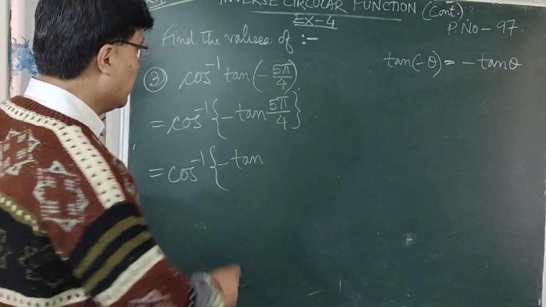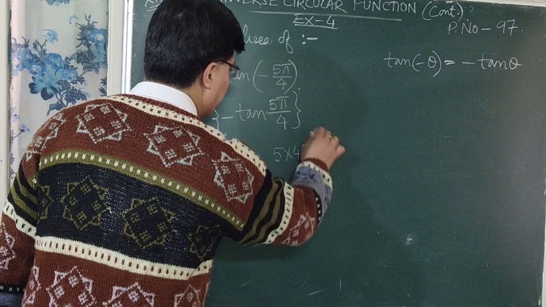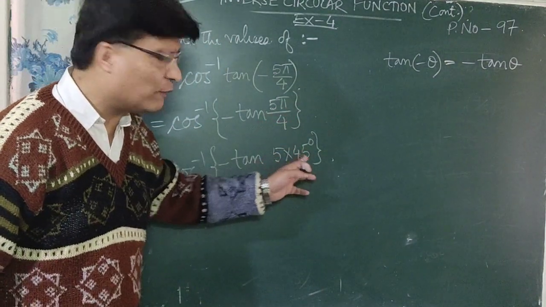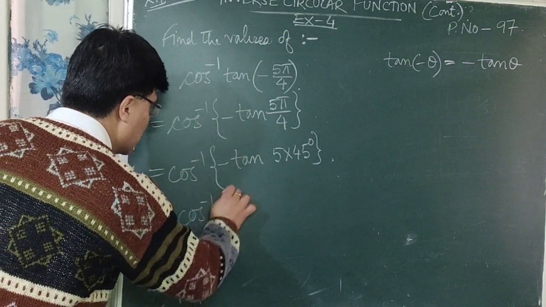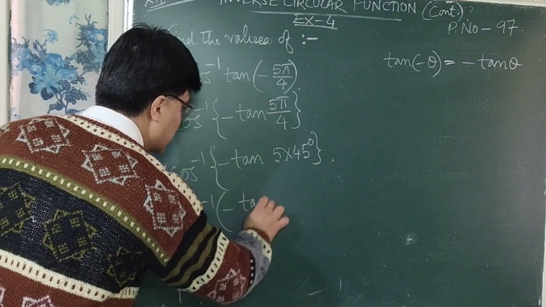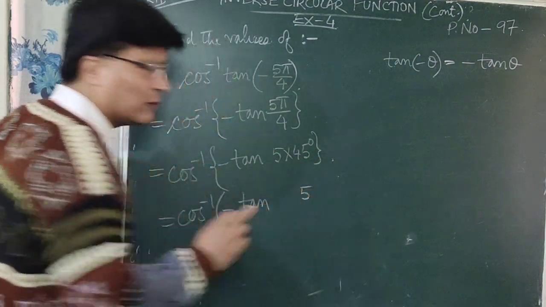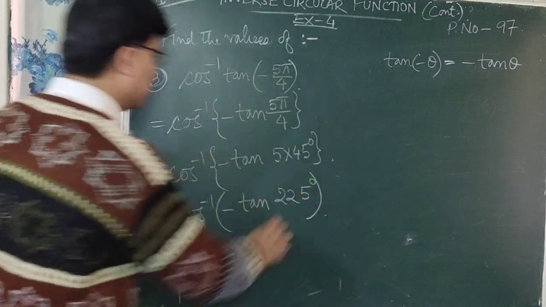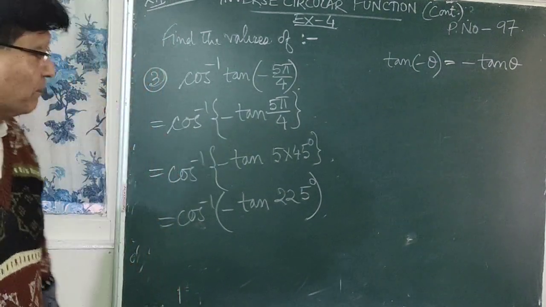It is 45 degree. So 5 into pi by 4 is equal to 5 into 45 degree, you know that. So cos inverse within bracket minus tan of, now multiply them, 5 5s are 25, 4 5s are 20 plus 2, 225, that is minus tan 225 degree.